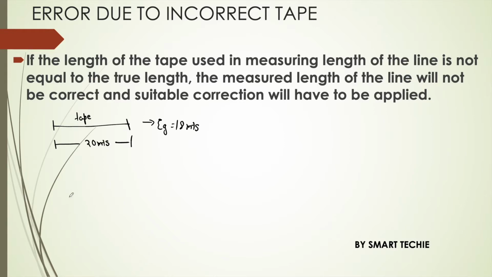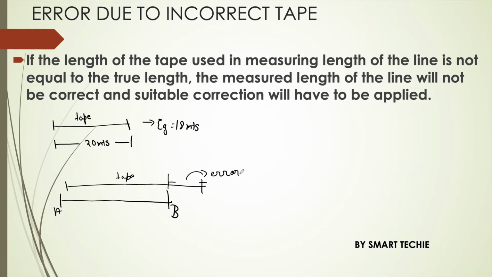If I consider a line AB as the length of the line, and the tape used for measurement is too long than the distance of line AB, then this part will be my error, and correction is required for line AB.